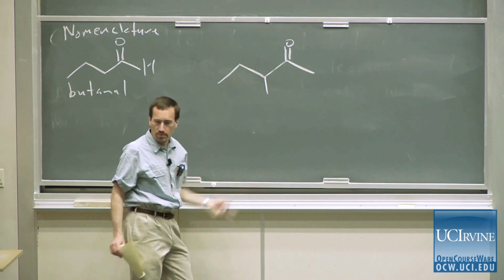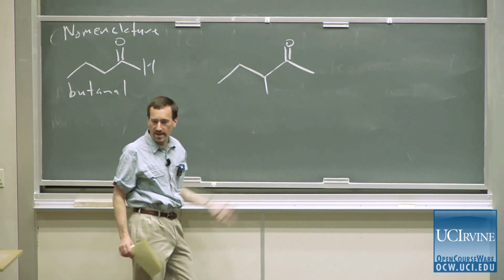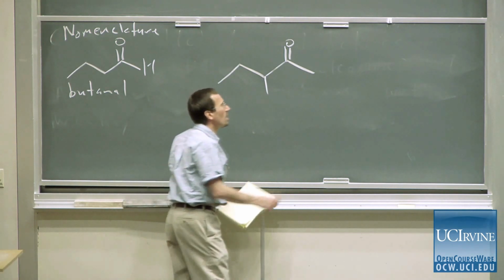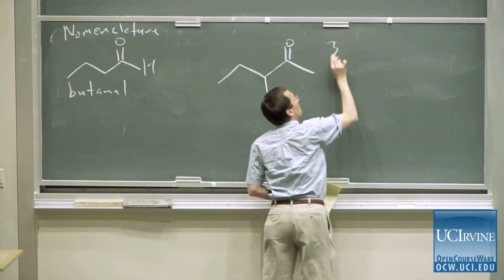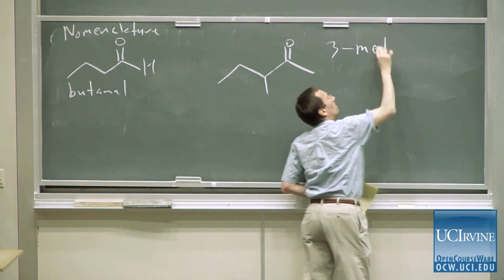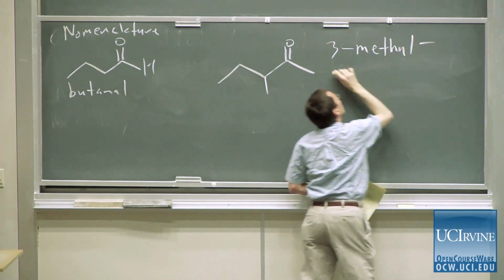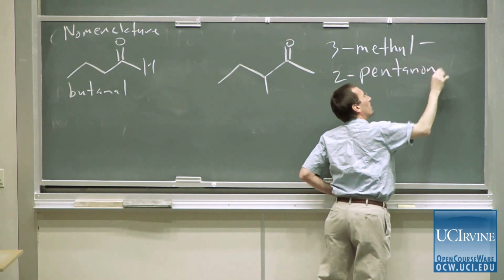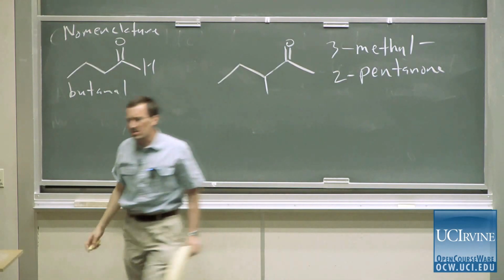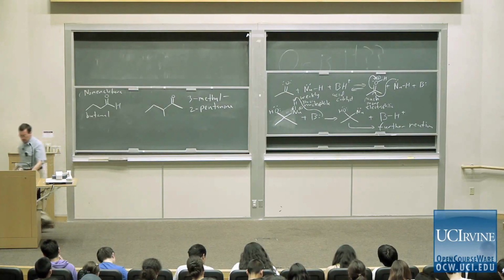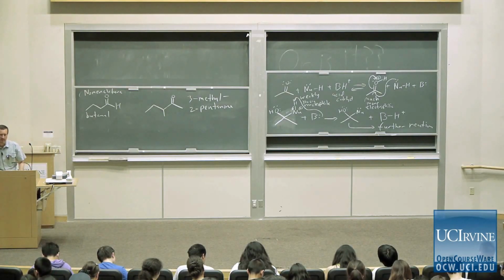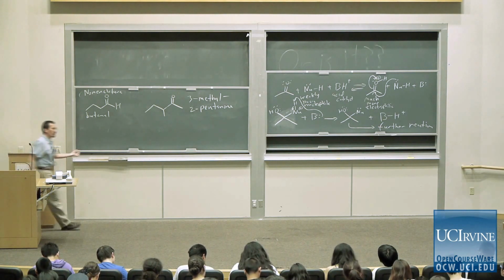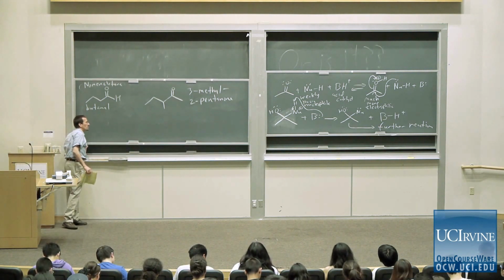And we have a methyl group at the 3 position, and we use -one to indicate a ketone. So this compound is 3-methyl-2-pentanone.